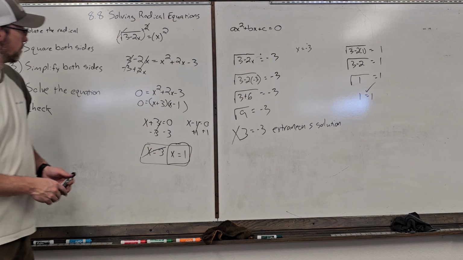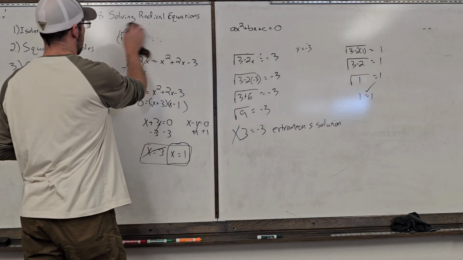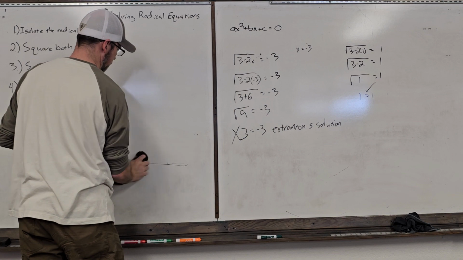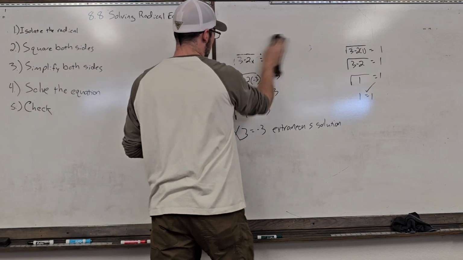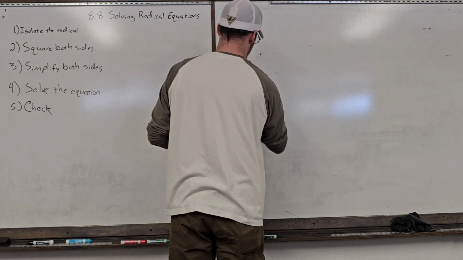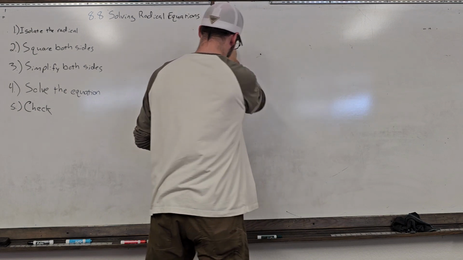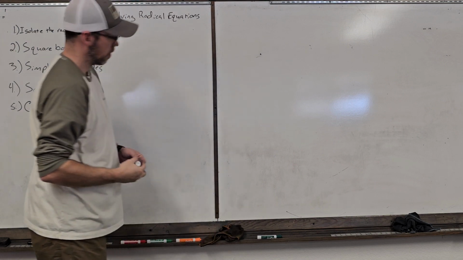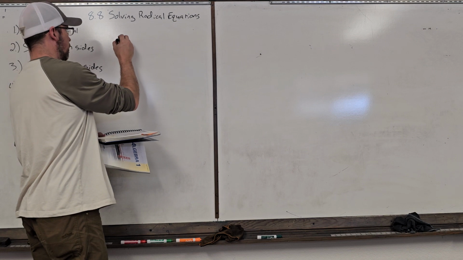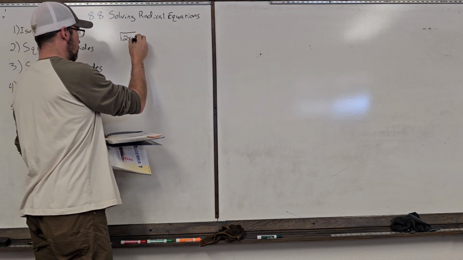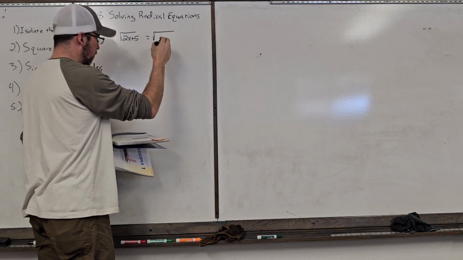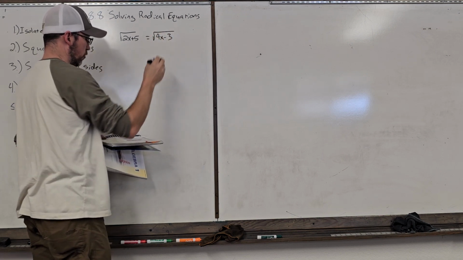Do one more. All right, if I have the square root of 2x plus 5 equals the square root of 4x minus 3.